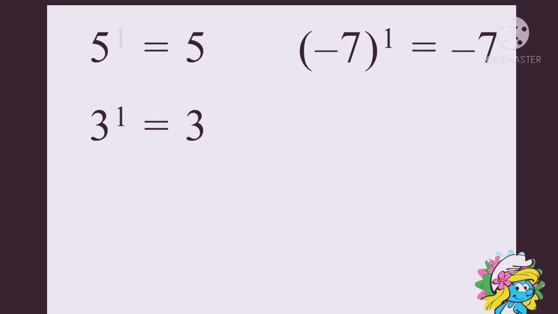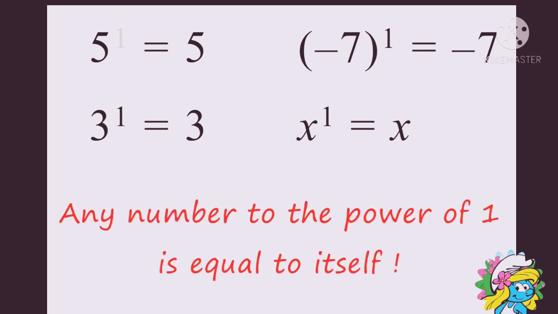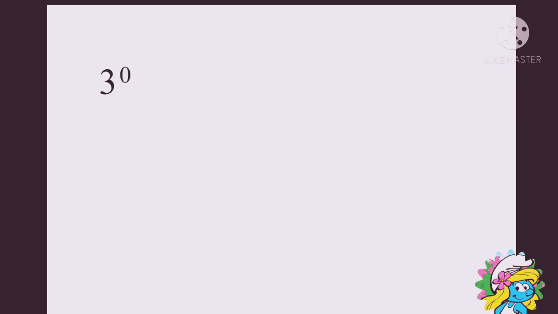And that minus 7, all to the power of 1, will be equal to minus 7. In fact, x to the power of 1, where x is any number, will be equal to x. In other words, any number to the power of 1 will be equal to itself.